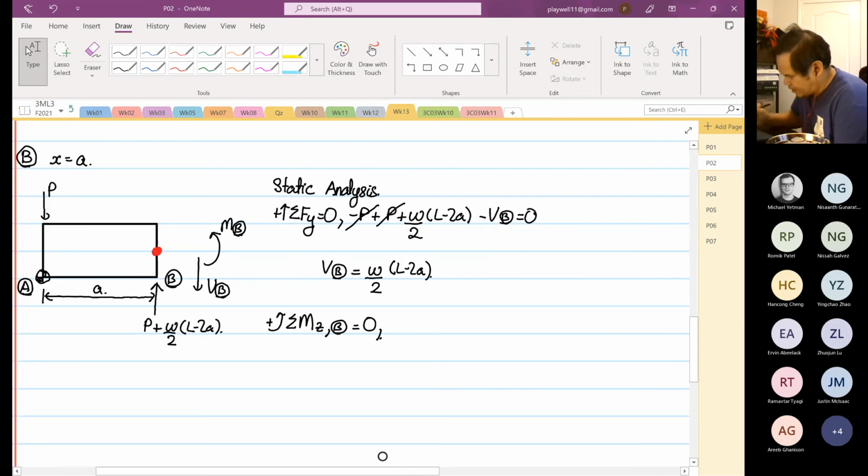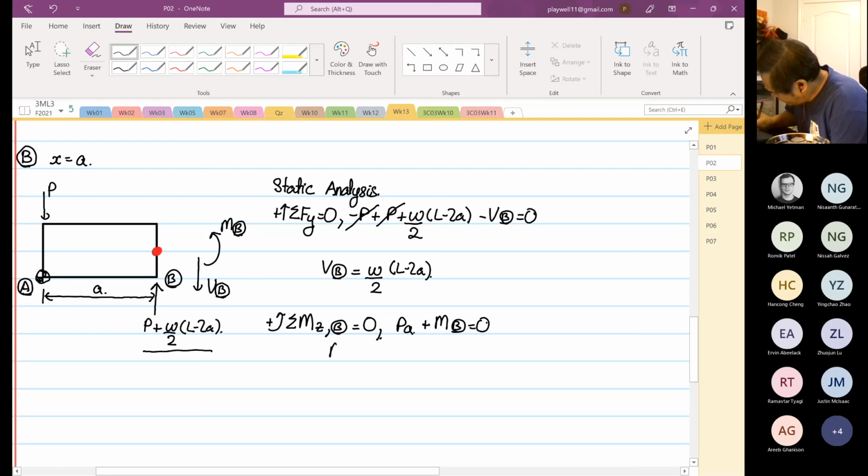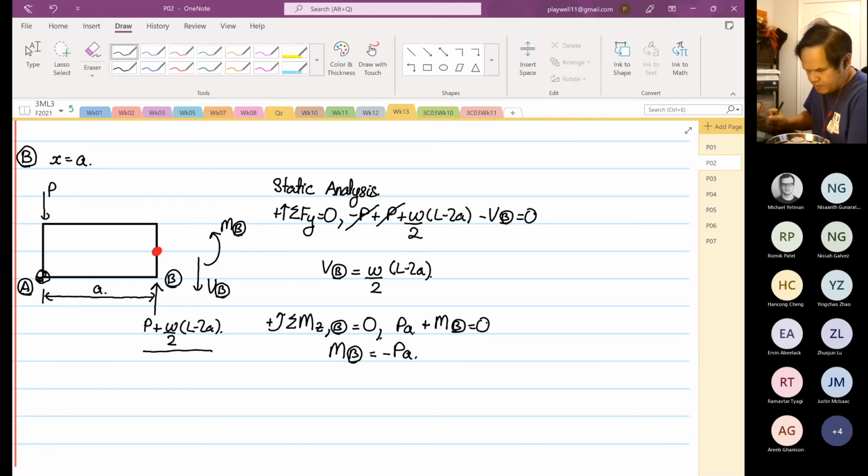So now we have P multiplied by A. Any other moment, that's it, because P plus omega over 2, this term over here, does not have a perpendicular distance, plus moment at point B is equal to 0. So moment at point B is equal to minus PA.